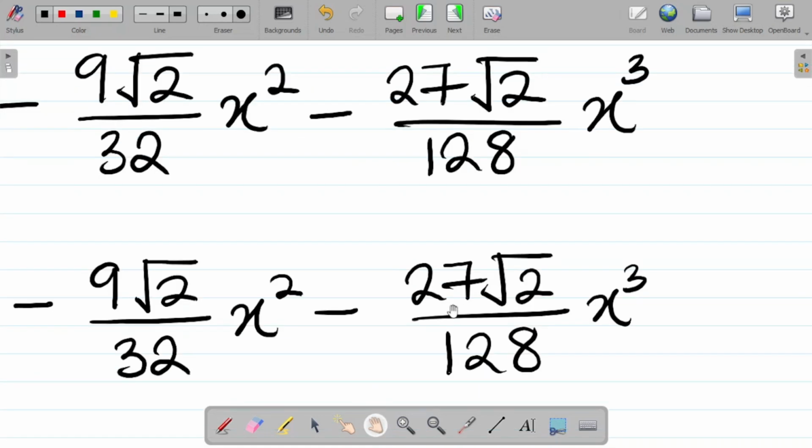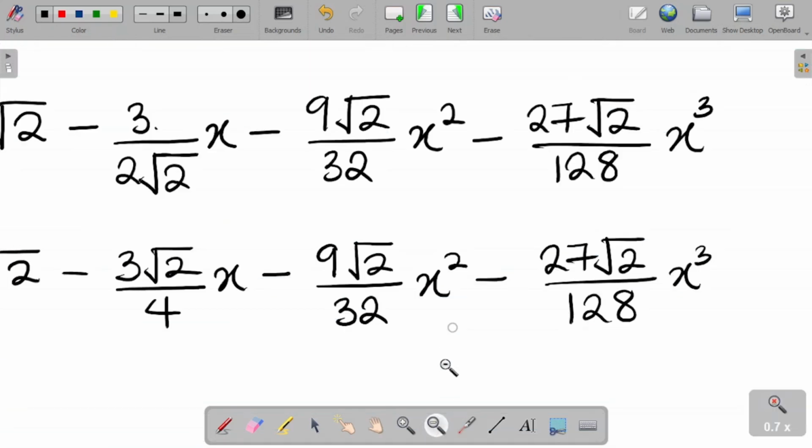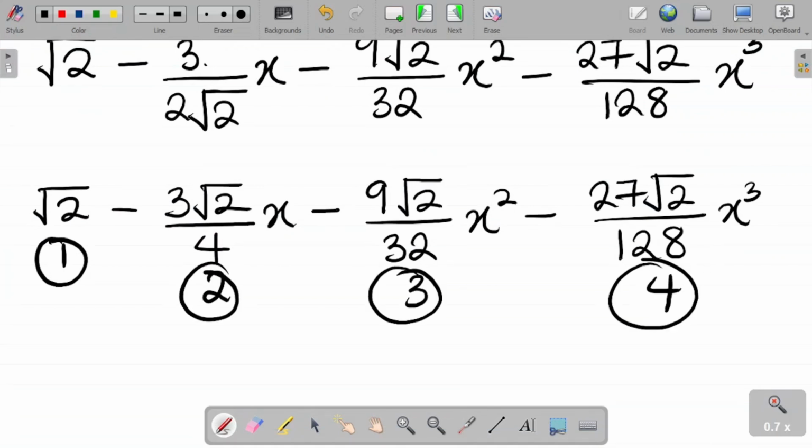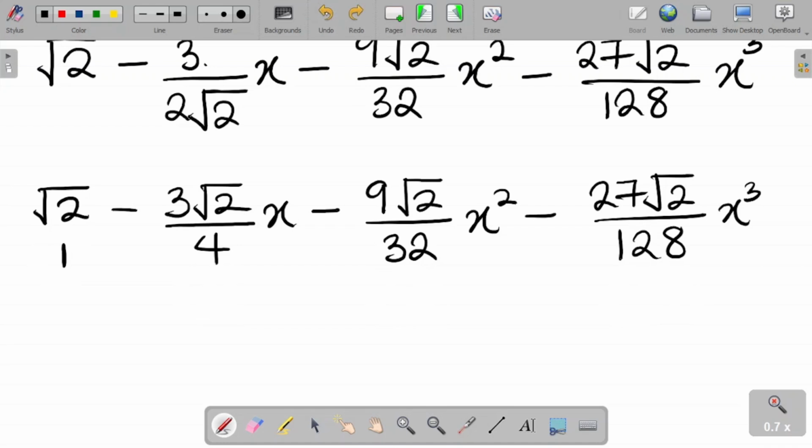So basically, this becomes the answer to this question. I'll zoom out a bit so you can see this here. Now, this is your first term. This is the required second term. This is the third term. And then this is the fourth term as requested in the question. So that's how you solve this question.